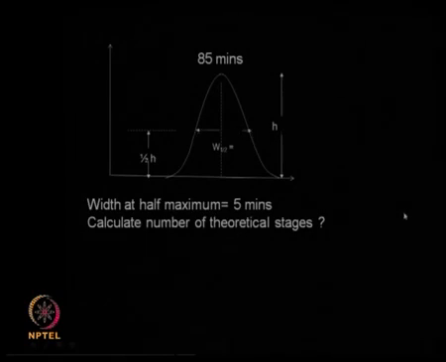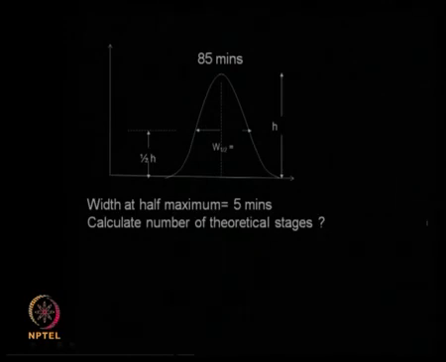Can you calculate the number of theoretical stages? In the previous problem, T naught and standard deviation were given, and you were asked to calculate the number of theoretical stages. In this particular problem, T naught is given, the width at half the maximum is given, and you are asked to calculate theoretical stages.